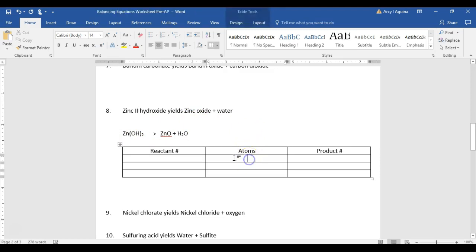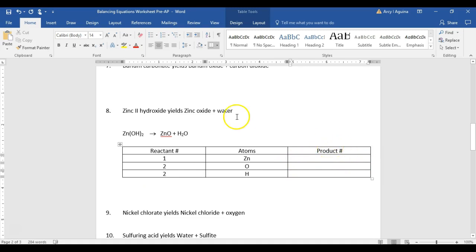So the atoms in this equation are zinc, so I'm going to put Zn in the middle. And then oxygen, oxygen, not 0, and hydrogen. On the reactant side, I have 1 zinc, I have 2 oxygen because this 2 goes over to both the oxygen and hydrogen. And then I have 2 hydrogen.